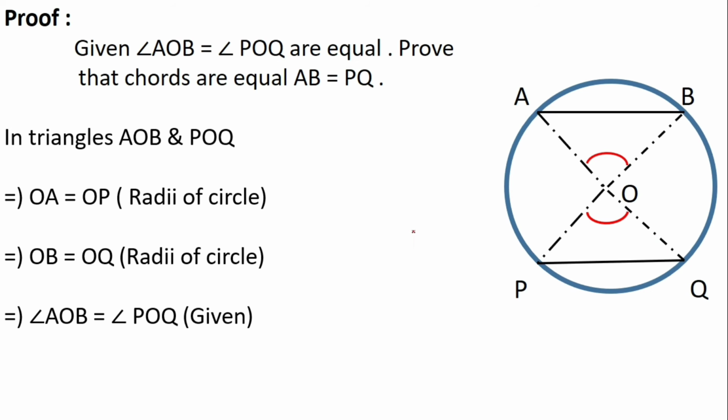So by SAS congruency rule, the triangles AOB and POQ will be congruent to each other. This is the congruent symbol. So triangle AOB will be congruent to triangle POQ.